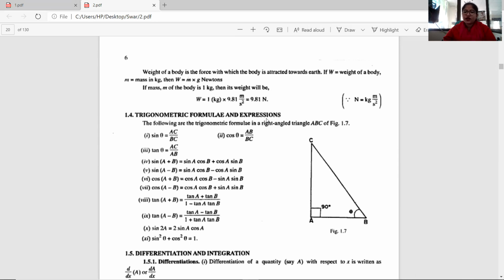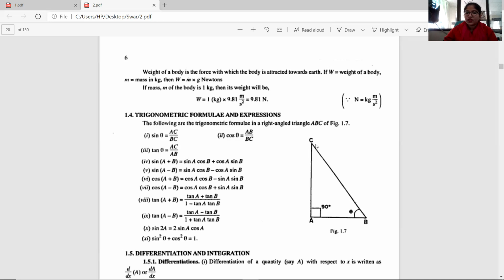So what are sine, cos, tan in a 90-degree angle, or in a right angle triangle? There are three types of thetas. First, sine theta. Second, cos theta. Third, tan theta. What is sine theta?